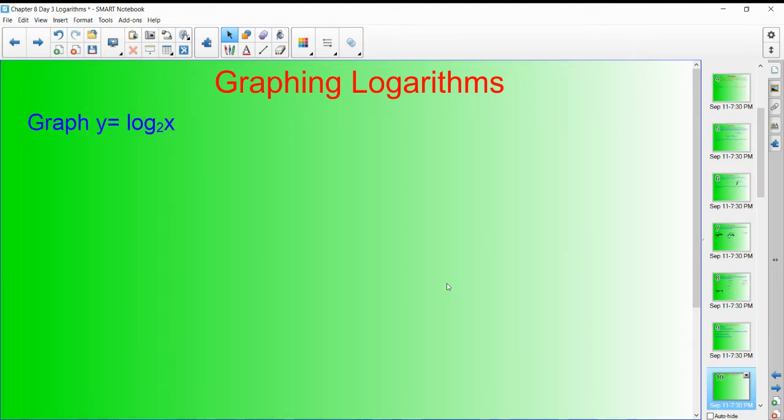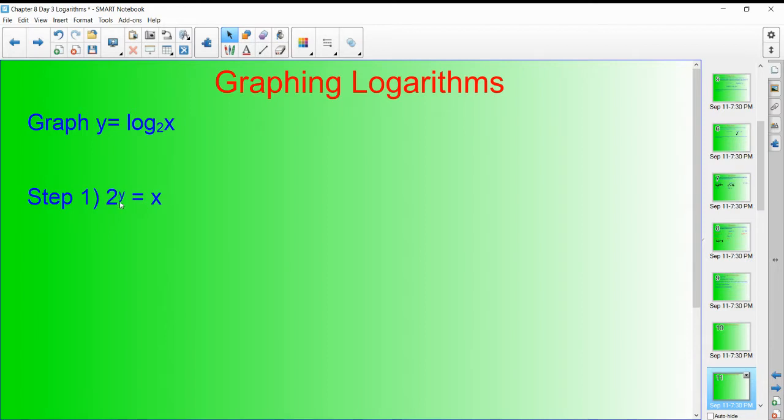Okay, we're going to graph y equals log base 2 of x. So step 1, we said, convert it to an exponential. So 2 to the y equals x. Now the next step, I normally pick an x value and then put an x in and find y.